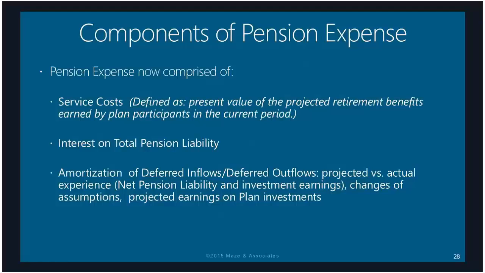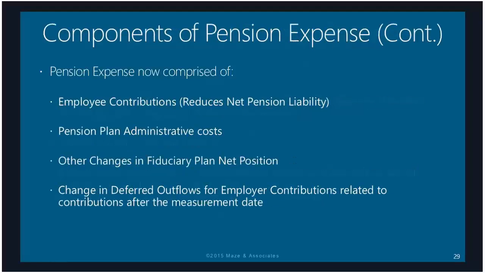The new pension expense includes service costs, interest on total pension liability, amortization of deferred outflows and inflows, employee contributions, pension plan administrative costs, and other changes in fiduciary plan net position.